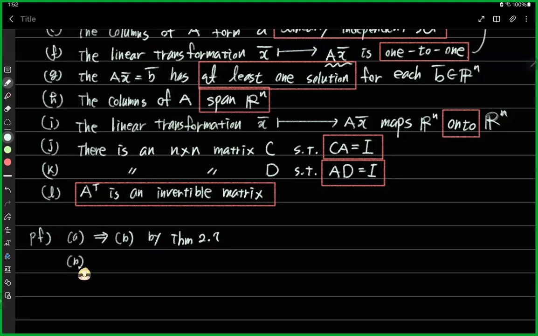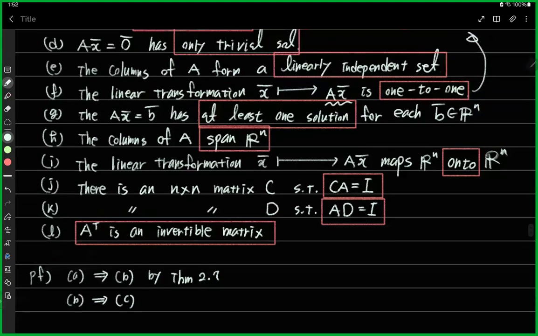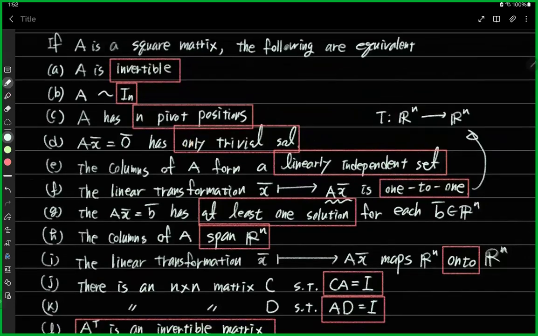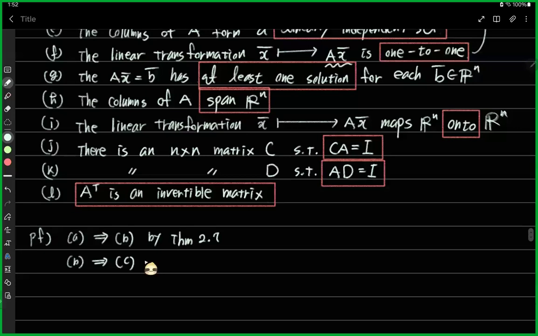And then if B is true, then C is true. So if B is true, then A has n pivot positions. True. Why? Because A is row equivalent to I_n. Then how many pivots are in I_n, which is the identity matrix?